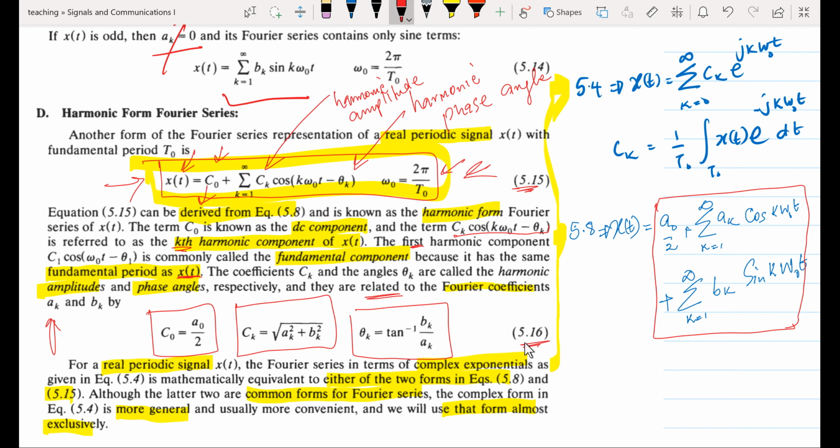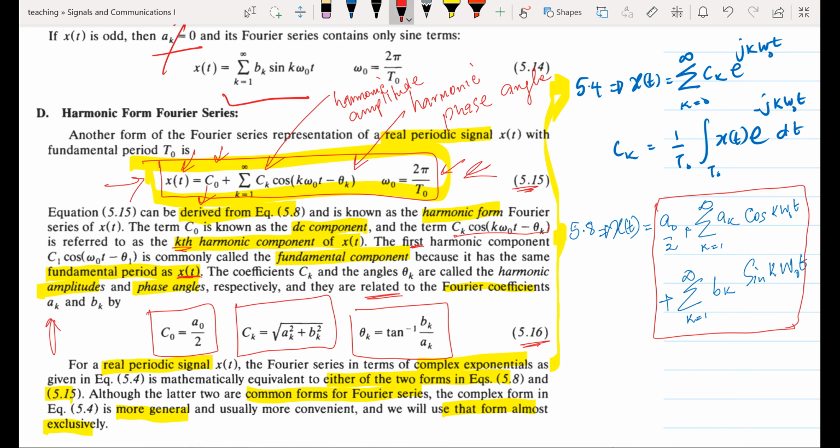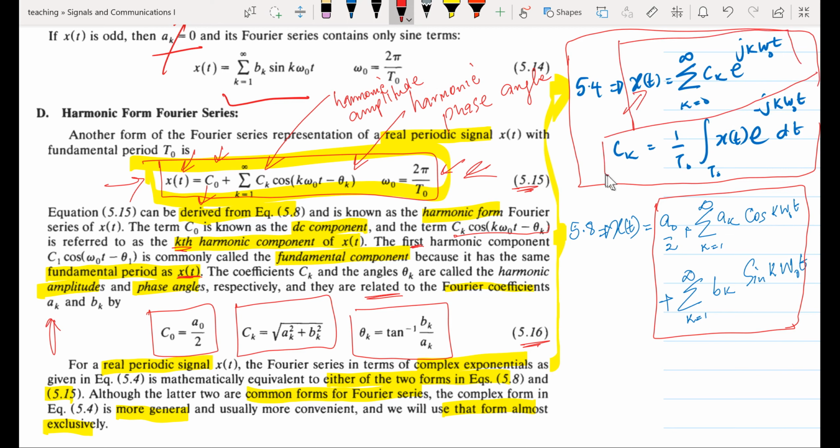Now, to sum up, for a real periodic signal x(t), the Fourier series in terms of a complex exponential, as given in 5.4, is the complex exponential form of Fourier series, and we reintroduce that equation here. Our periodic signal is expressed as this expression, and we define our Ck as this term.